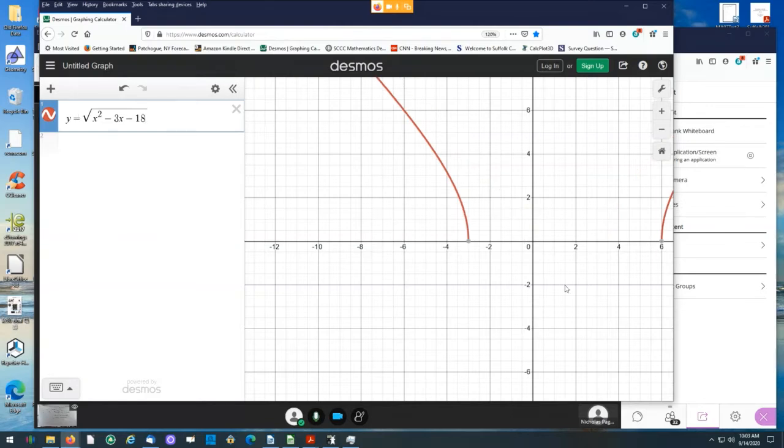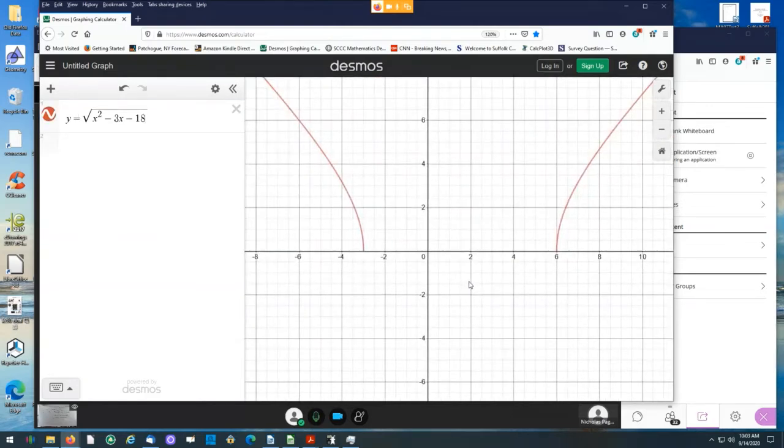You can see some strange looking results come out of this. But now you can see this value of 6 over here. In this case, x has to be greater than or equal to 6. It goes to the right. I can't put the values 0, 2, 4 in there, but I can go to the left from -3 also.